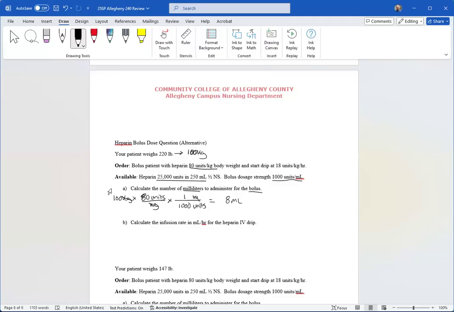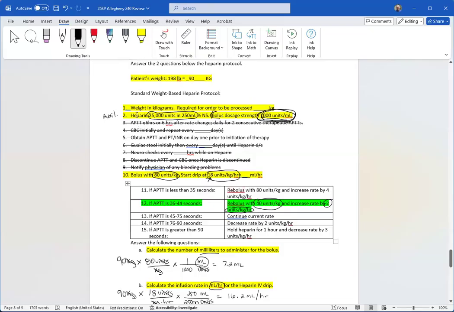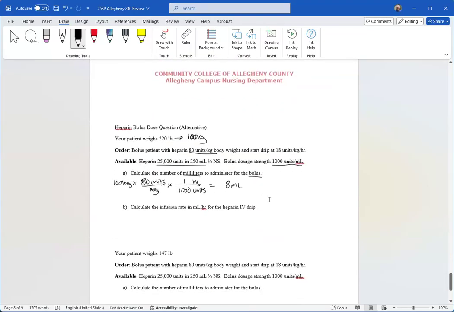I'm just trying to, when we look at this, because unfortunately this is probably what you're going to see, without all my writing and without the highlighting, you're going to see the whole protocol. So I'm trying to get you to narrow down on focusing on what you are responsible for, which is why I created these more direct questions where you would just go right to answering the question by breaking it down without having to worry about all the extra information that's there.